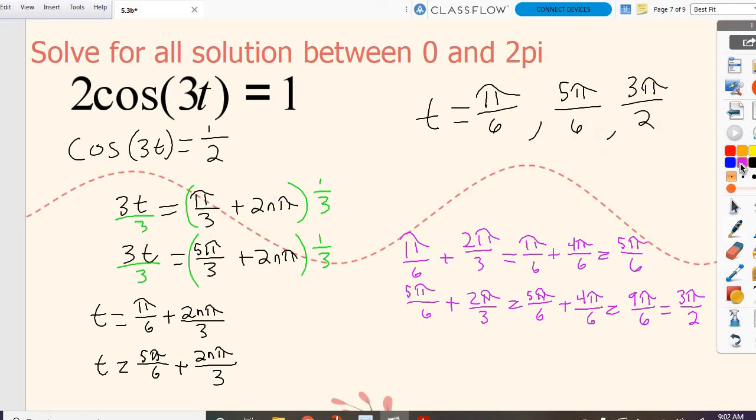And then we need to keep going because we need to think about, okay, what would happen if I plugged in a 2? Well, that would give us π/6. And I would multiply 2 by 2, so I get 4π/3. Again, finding a common denominator.